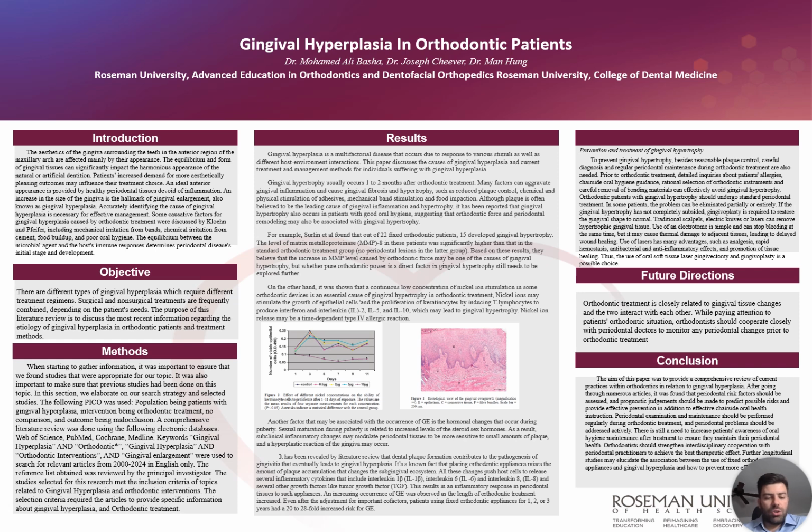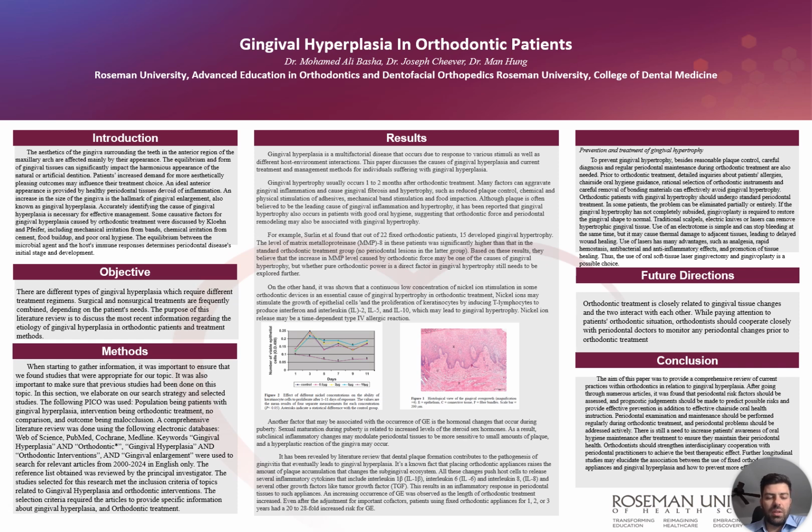Gingival hyperplasia is a multifactorial disease that occurs due to response to various stimuli as well as different host environment interactions. This paper discussed the cause of gingival hyperplasia and the current treatment and management methods for individuals suffering with gingival hyperplasia. Gingival hyperplasia usually occurs 1 to 2 months after orthodontic treatment.